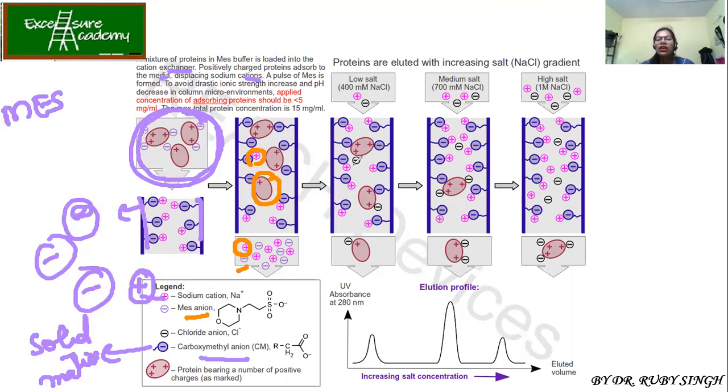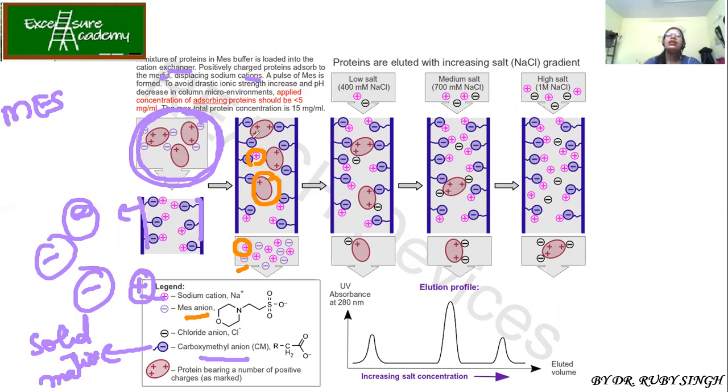So what will I do? Depending on the proteins, the positive charge varies. You can see that there are proteins having one single positive charge, or two, or three, or many. We know that salt disrupts the ionic interactions, so we start eluting out the proteins with an increasing salt gradient.